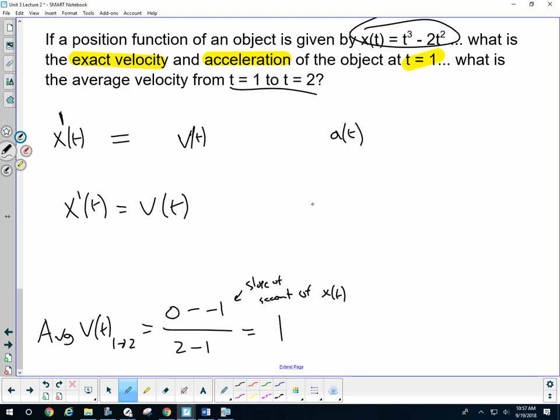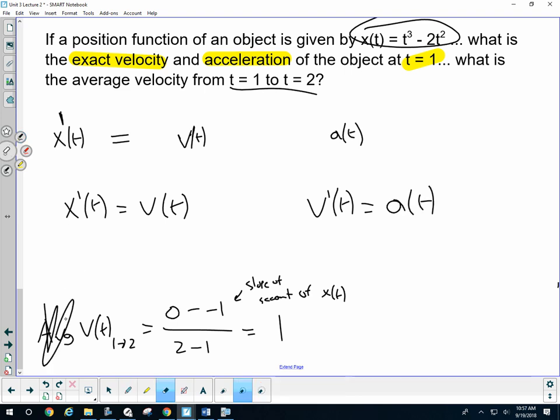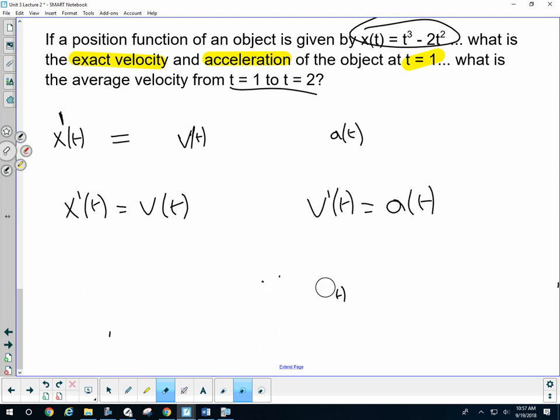The exact acceleration will just be given by the slopes of the tangents of velocity. So if I want to find the exact velocity and the exact acceleration, I'll just take the derivative of my position to get a velocity function. I'll take the derivative of my velocity function to get an acceleration function. Why don't you go ahead and do that? Check your answers with a neighbor while I do the work.